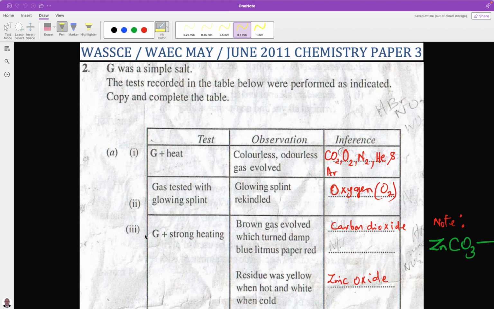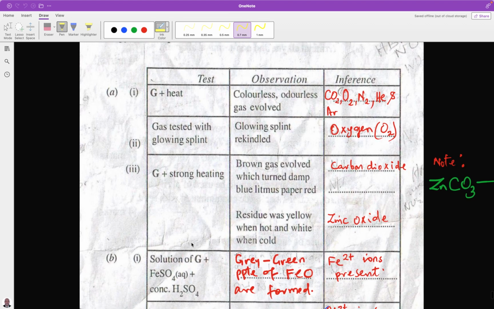3. On heating salt G very strongly, the observation was that a brown gas was evolved, which turned damp blue litmus paper red.